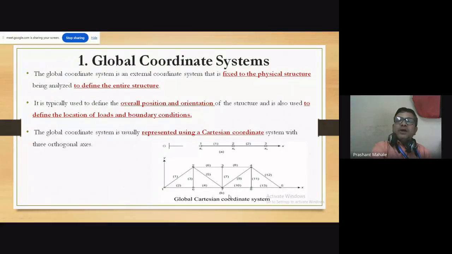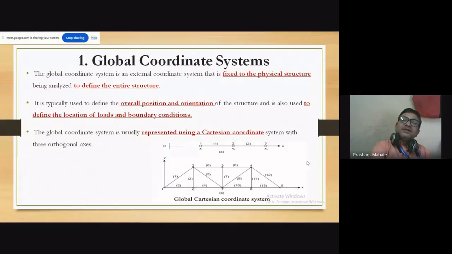Suppose this is the truss. Do you remember truss? I think you must have learned this in engineering mechanics. So these are the elements of the truss: 1 to 2, 2 to 3, 3 to 4, and so on.